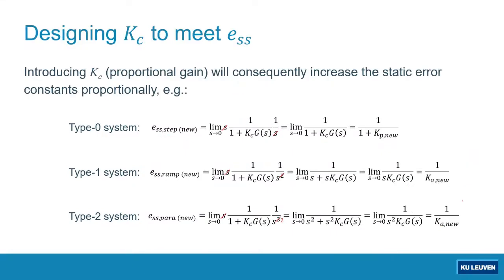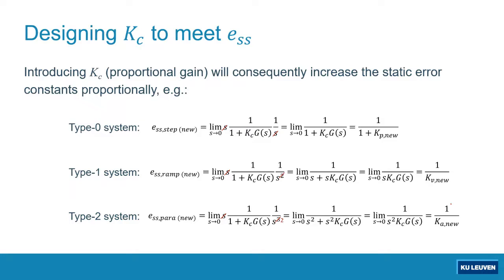Now let's consider after I tune the proportional gain Kc. Let's take an arbitrary number. The proportional gain now is equal to Kc. Kc is a value that I have already set to my proportional controller.